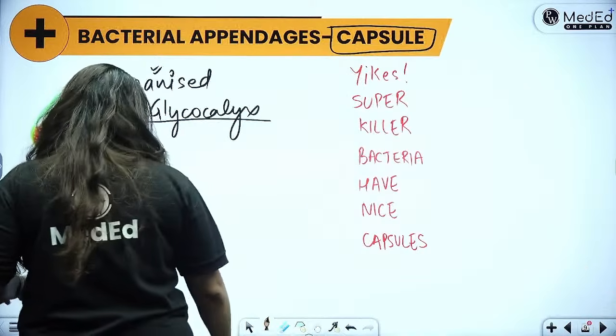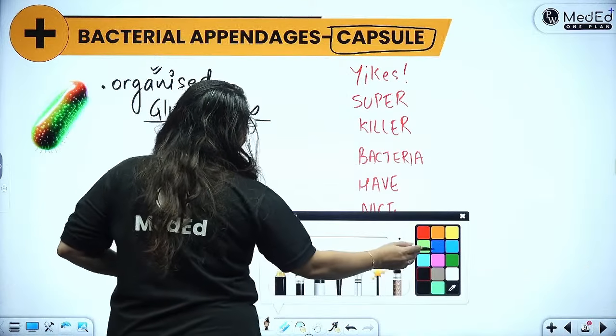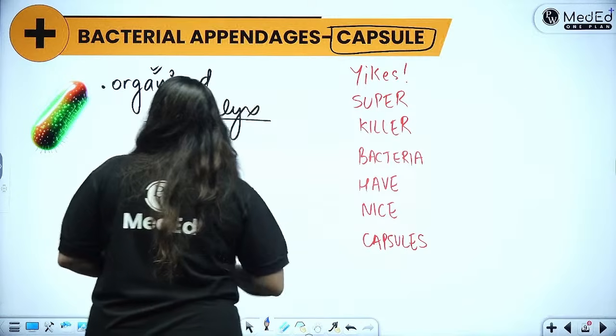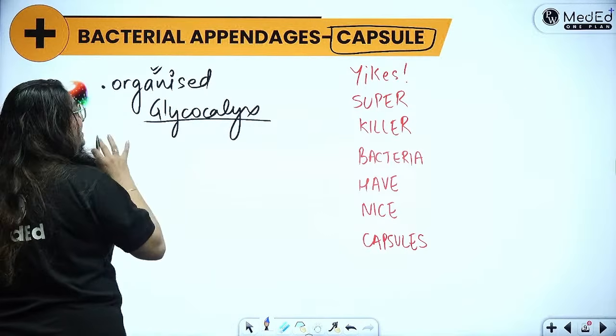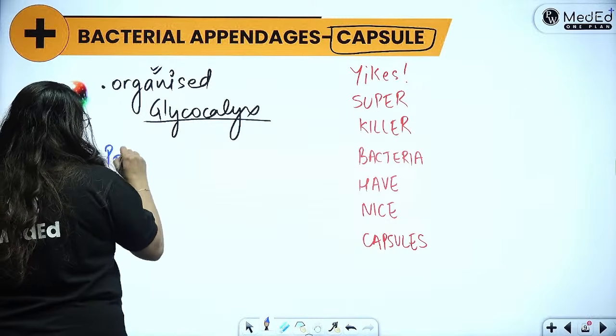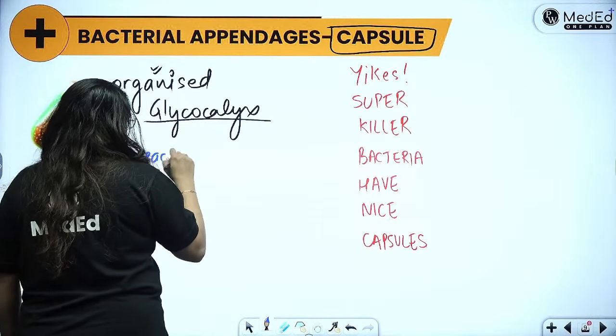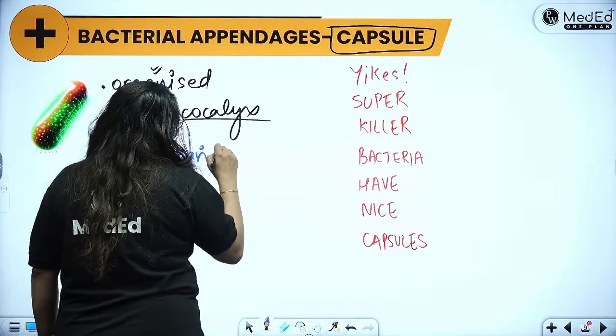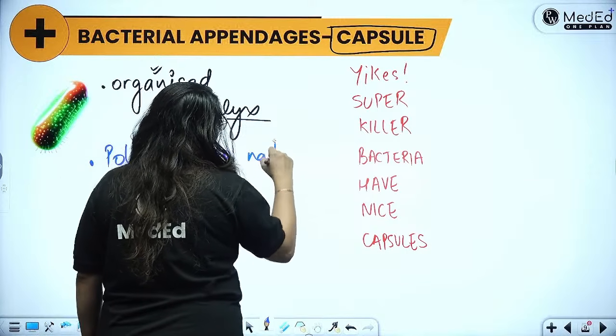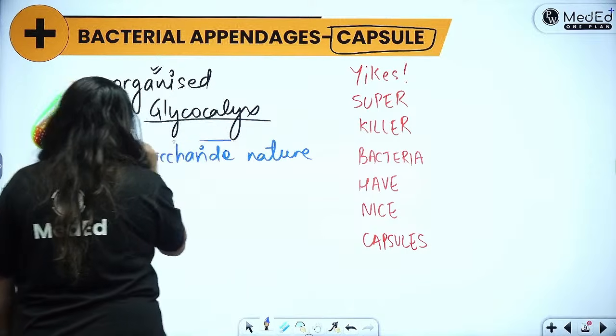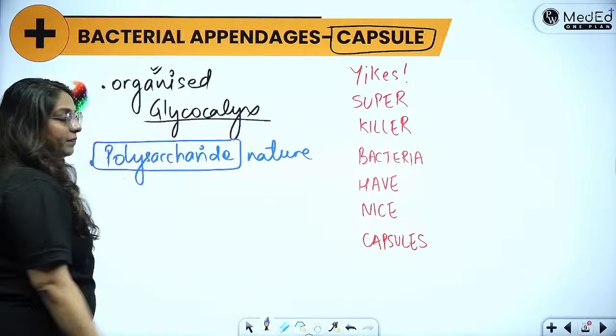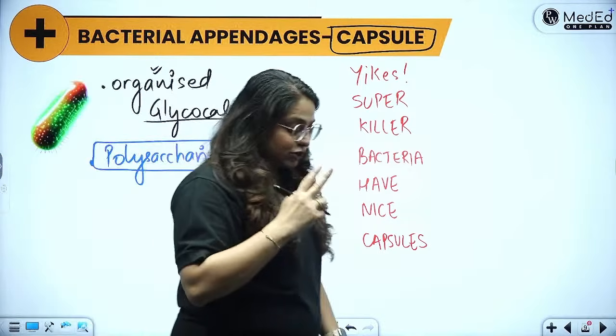So what is this organized glycocalyx? For almost all, it is polysaccharide in nature. So almost all capsulated microorganisms are going to have a polysaccharide capsule. There are only two exceptions to this rule.